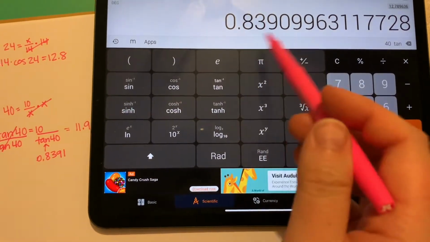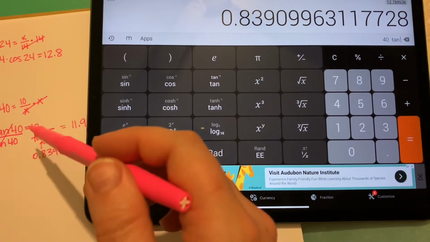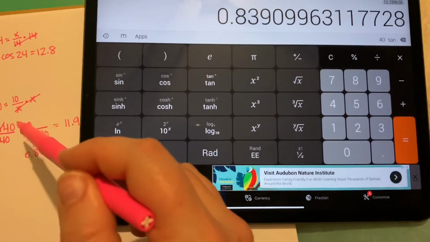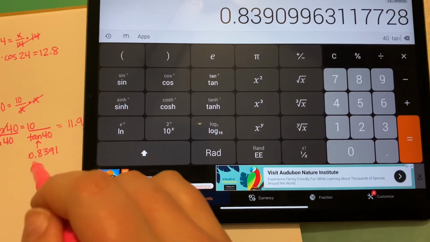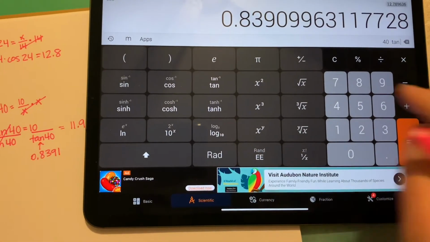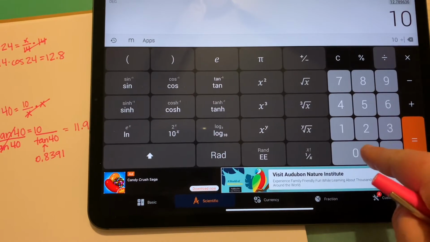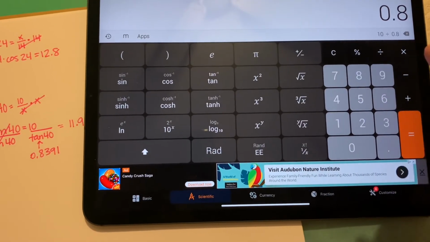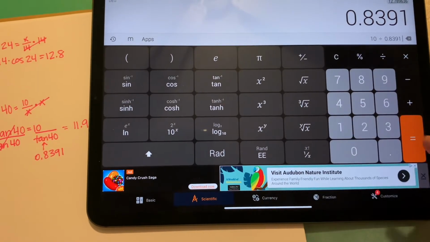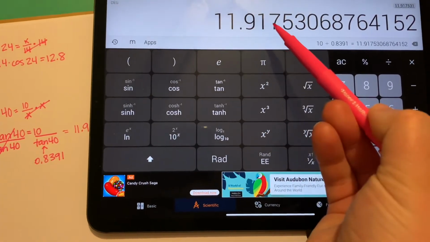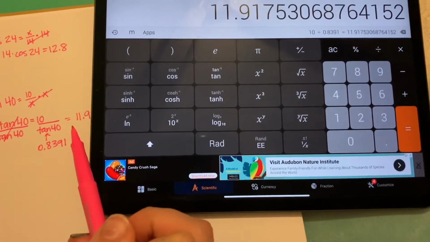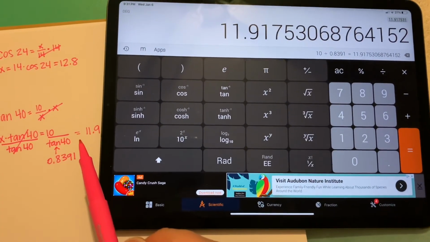If you can remember this number, then you don't have to write it down, but I have to write it down. So 10 divided by 0.8391. Okay, and then 11.9, which is what I got the other way as well.